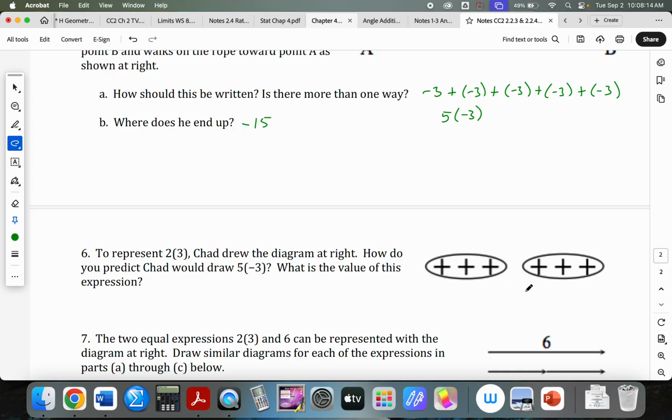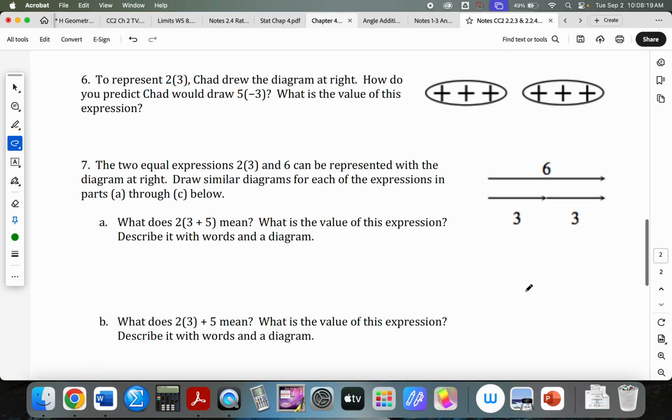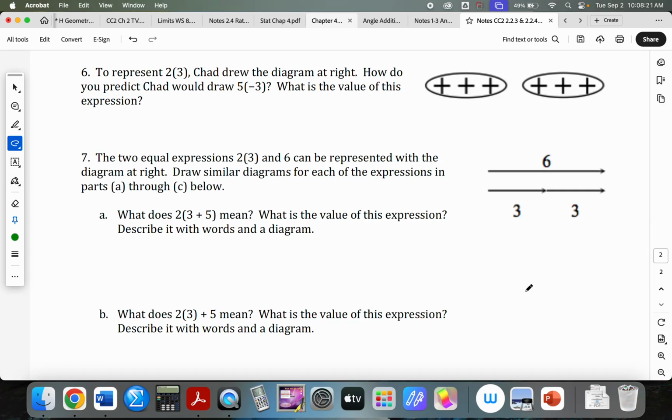Yes, sir. You may. So, to represent 2 sets of 3, Chad drew the diagram at the right. How do you think he would draw 5 times -3? Well, he would have a group of -3, and he would have 5 of them.